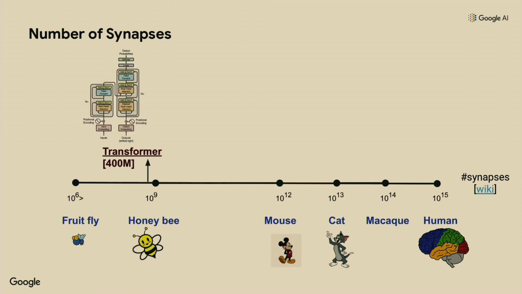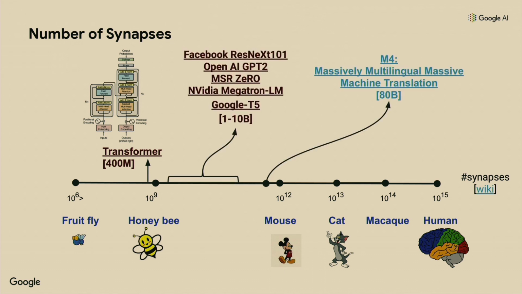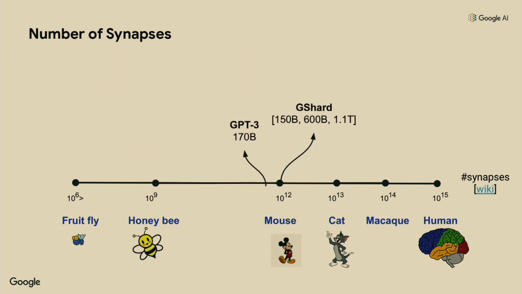By 2017, the original Transformer model contained about 400 million parameters. In the following 2 years, we saw several reported models reach the range of several billions of parameters or even tens of billions of parameters. This year, we saw GPT-3 and GShard models now contain hundreds of billions or even trillions of parameters.